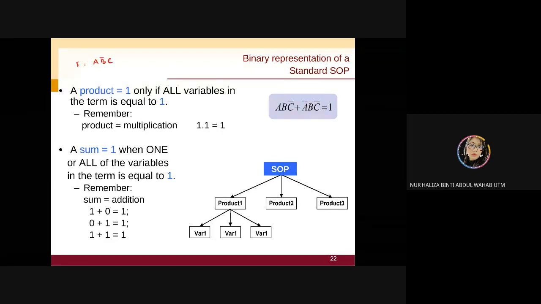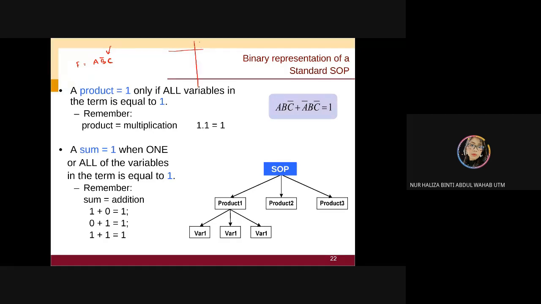From this, I mentioned to you that in your truth table, you will get F equal to 1 where you have 1, 0, 1. Then you will get 0, 1, 0, 1, you get output F equal to 1.